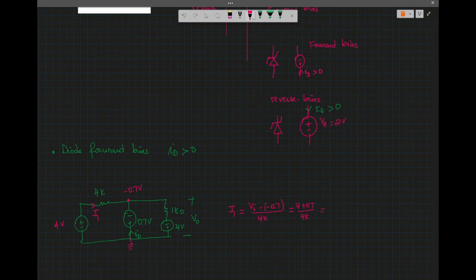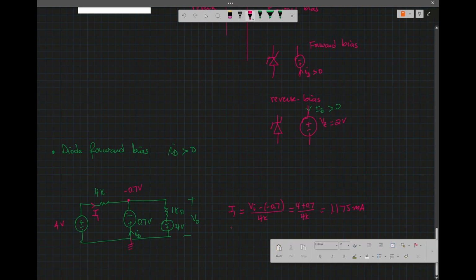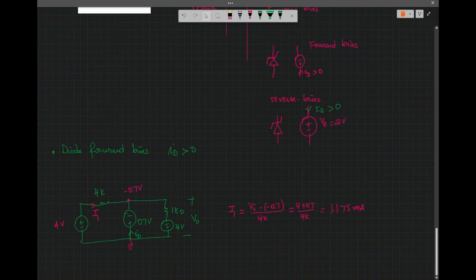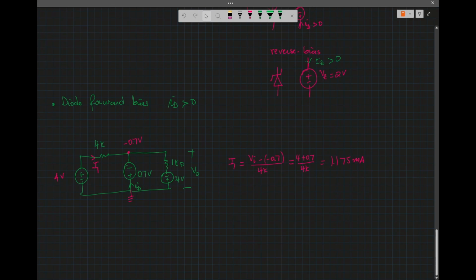So that gave me 1.175 milliamp. That's I1. Now let's find IL.